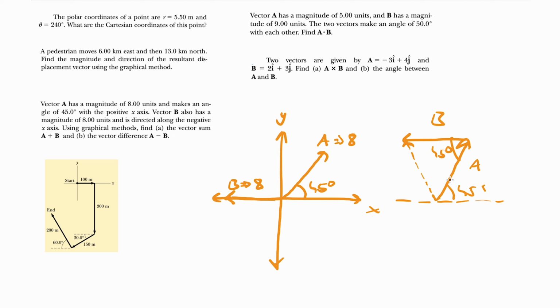So there are two different things that we can do here. It's actually kind of a long calculation, so I'm not going to do it. But what we can do is that first we can use the cosine formula. For those who don't know, let's say that this resulting vector is C. The cosine formula basically tells us that the length of C squared is equal to the length of A squared plus B squared minus 2 times the length of A, the length of B, and the cosine of the angle in between.